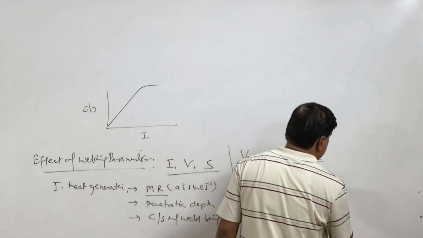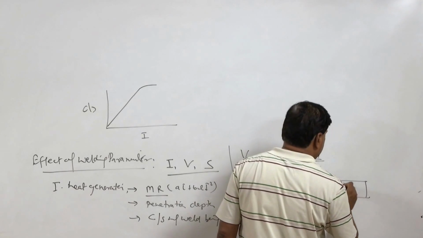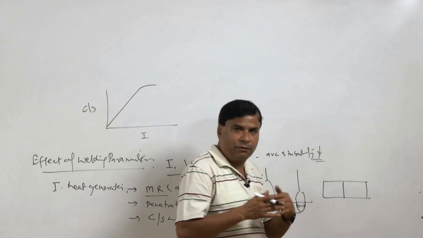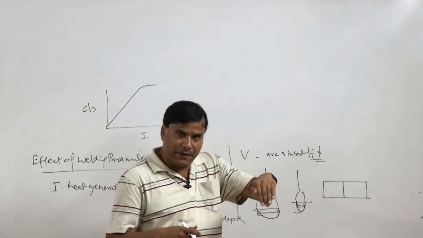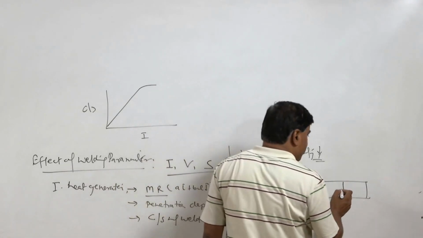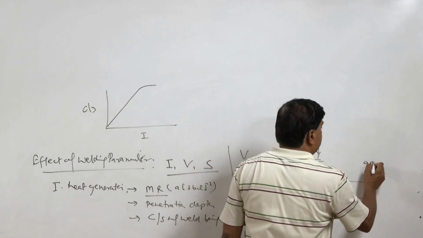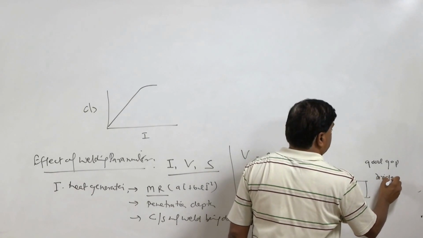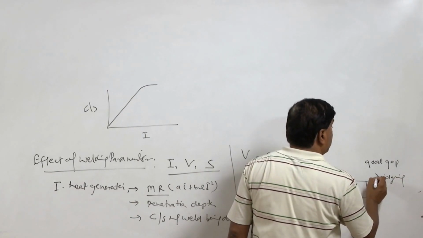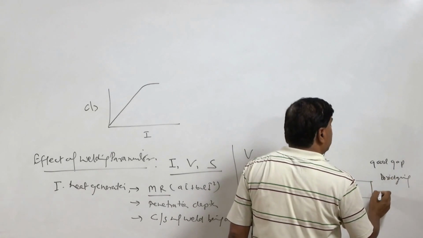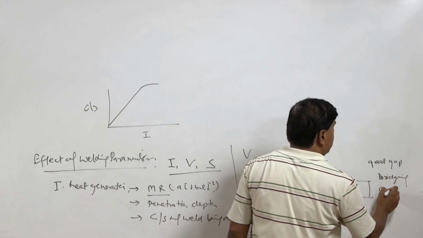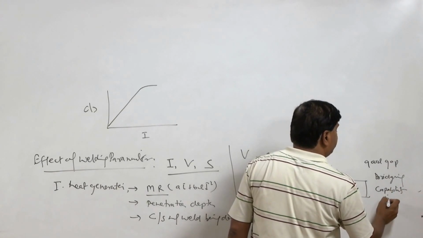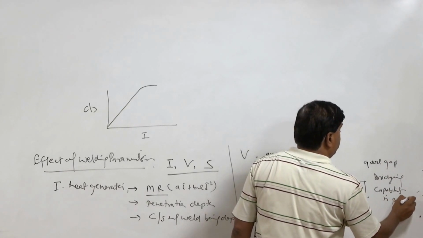This kind of geometry may be good, especially when the gap between the plates to be welded is not very even, and in that case good gap bridging capability is provided by the wider arc.